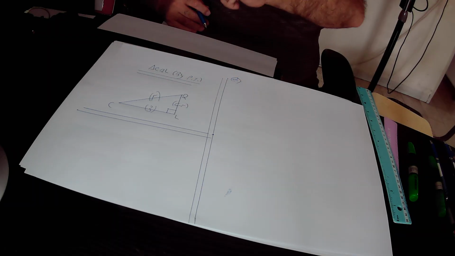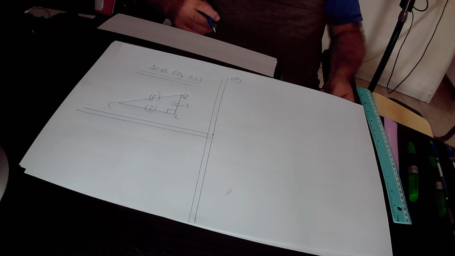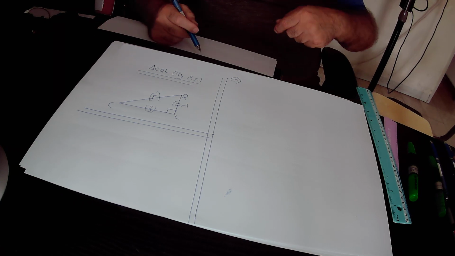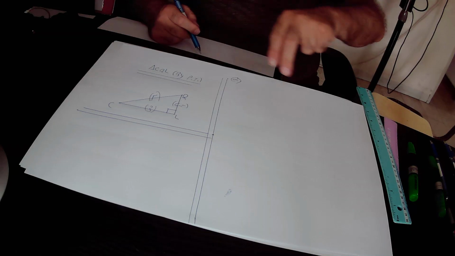So actually this is the right triangle CQL that I copied from the original drawing. And in this triangle CQL, according to the Pythagoras theorem, QC squared, that is the square of the hypotenuse, equals QL squared plus LC squared.